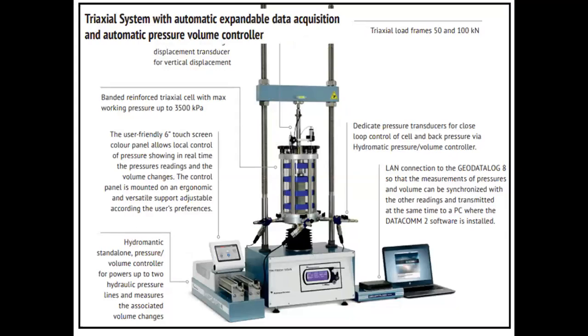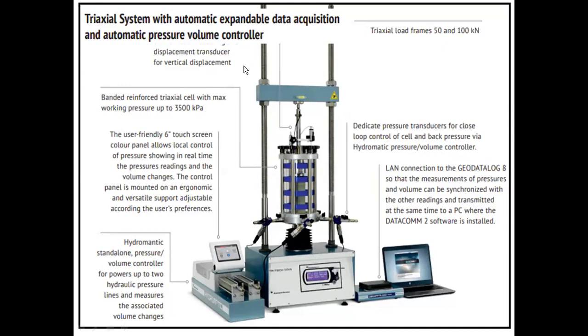So this is another advanced triaxial testing machine where everything is automated, and we can straight away get the information captured and loaded into the computer system, into the software. This is a triaxial system with automatic data acquisition and automatic pressure volume controllers.